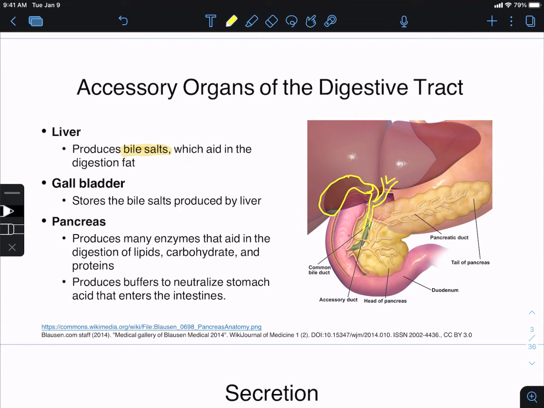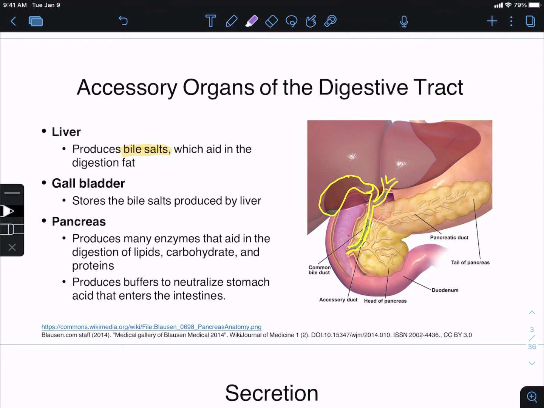So here's the common bile duct. And it's going to empty into the duodenum, which is the beginning portion of the small intestines specifically. So this region right here. Bile will dump directly into that area.